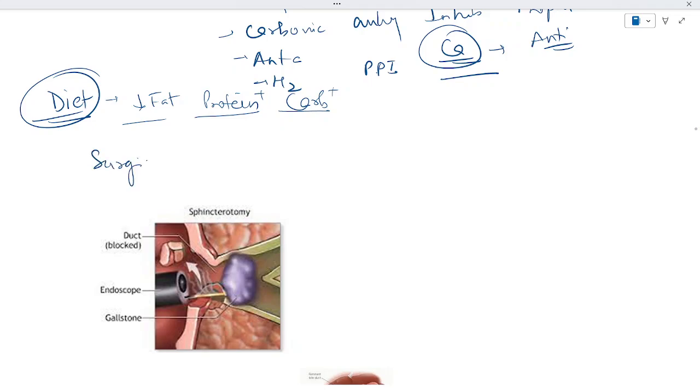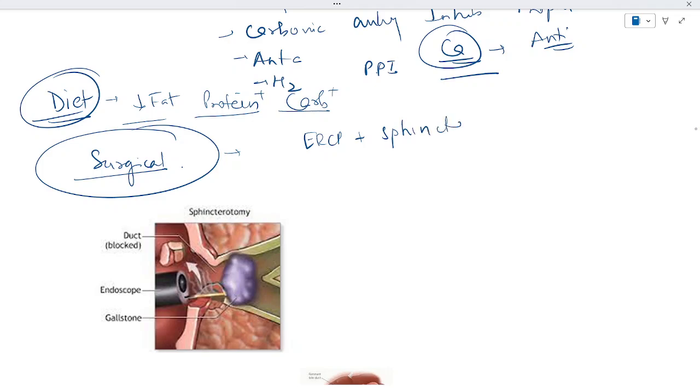Surgical intervention can be required in cases such as abscess, severe peritonitis and acute pseudocyst. Other procedures involve ERCP plus sphincterectomy, to remove duct obstruction from gallstones.